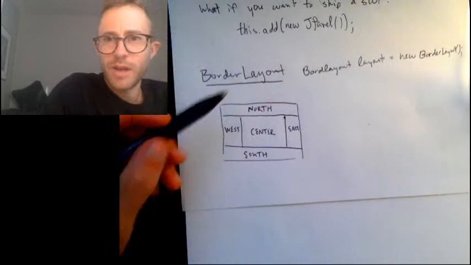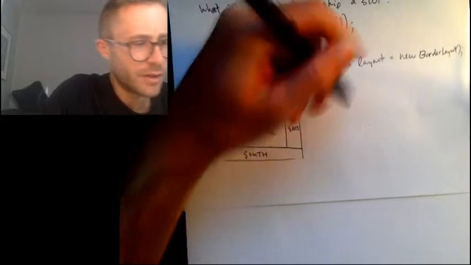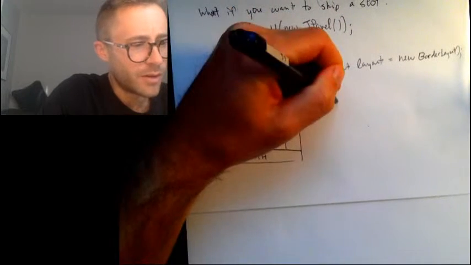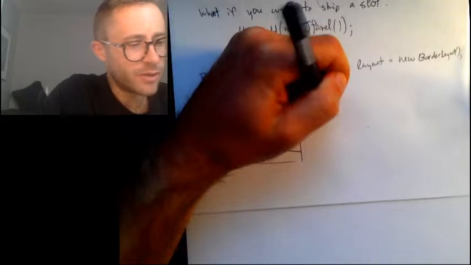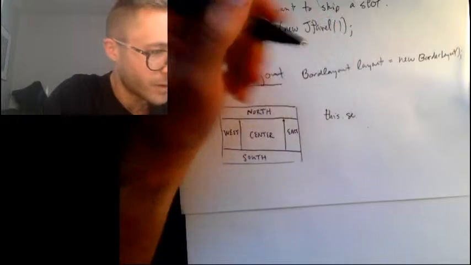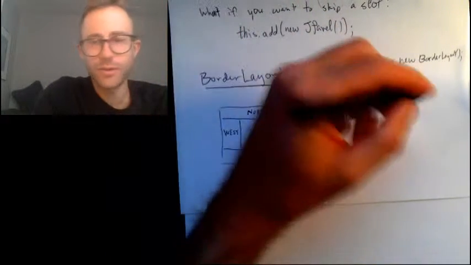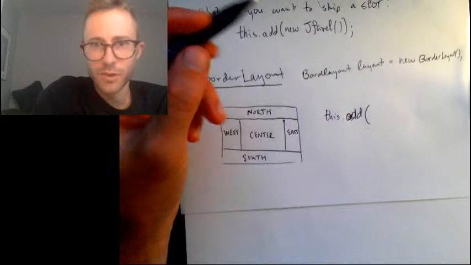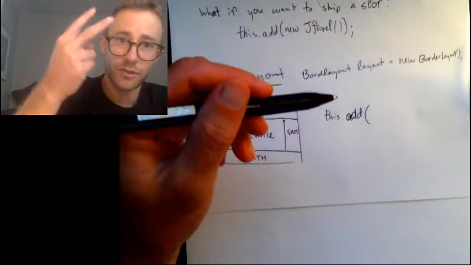All right, so how do we add to a border layout? After you set the layout, you say this.add, and if you're using the border layout, the add method now has 2 arguments.